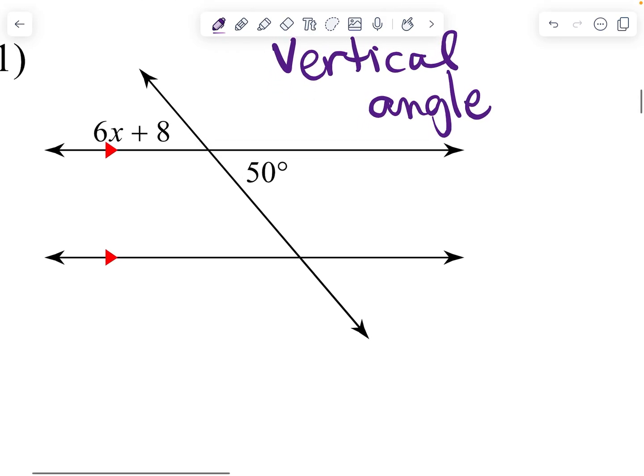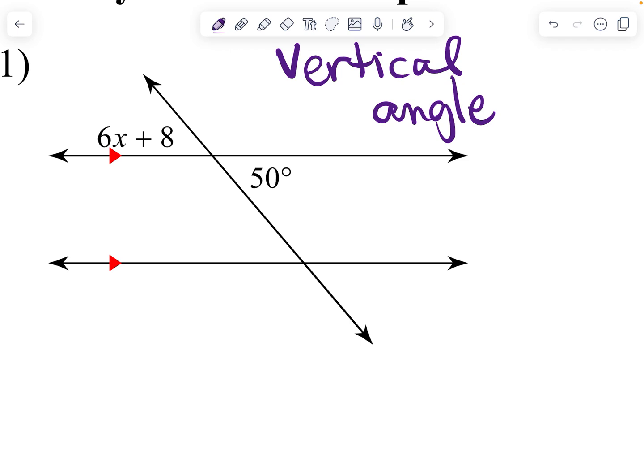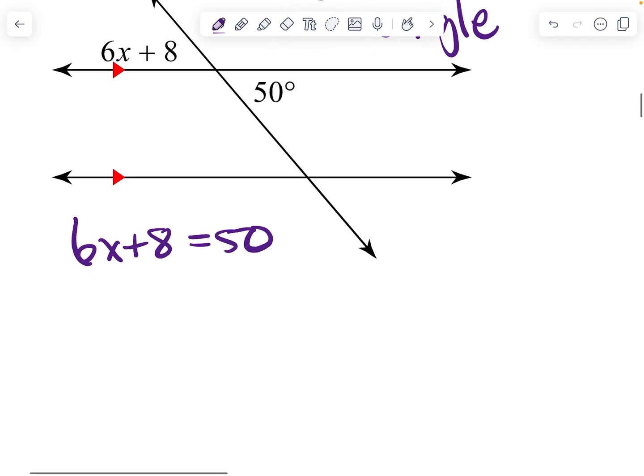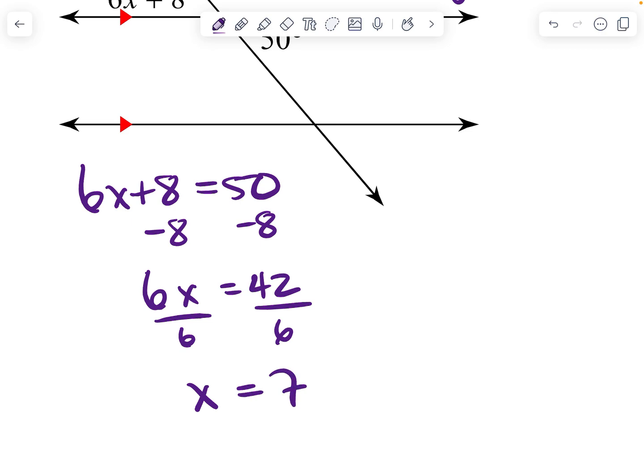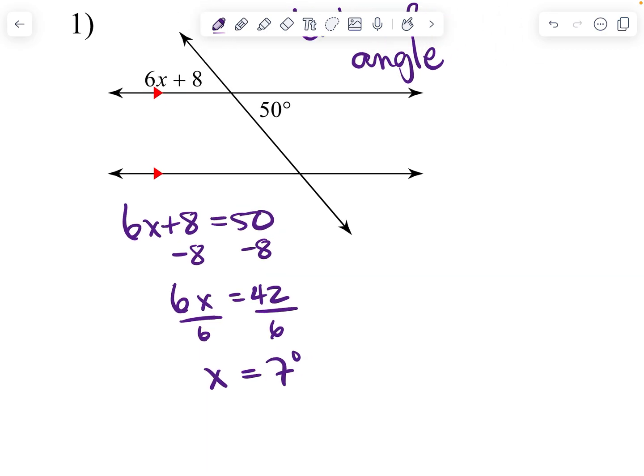So then I need to write an equation. 6x plus 8 equals 50. And then I solve it. I subtract 8 from both sides. I get 6x equals 42, divide by 6, and x equals 7 degrees.